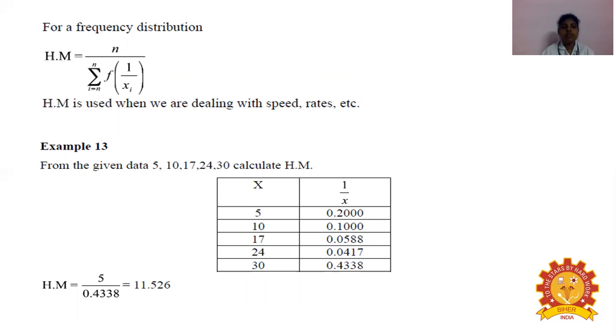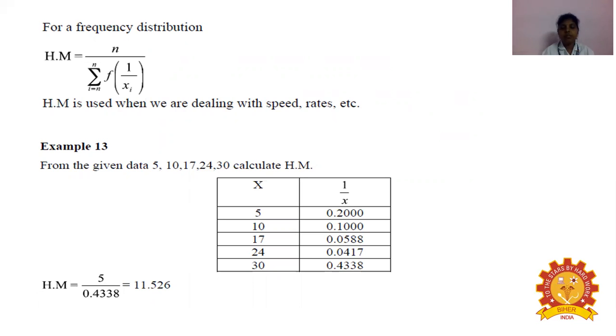Next example, from the given data 5, 10, 17, 24, 30, calculate harmonic mean. X is 5, 10, 17, 24, 30.